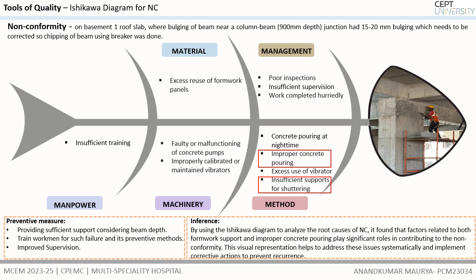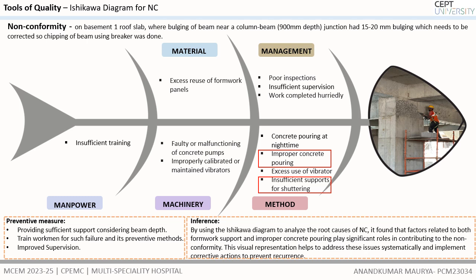In management, it could be poor inspection, insufficient supervision, and work completed hurriedly because it is done at night time. In methodology, it is concrete pouring at night time, improper concrete pouring at the 900 depth, pouring at one time with a high impact on the bottom of the shuttering, excess use of vibrator, and insufficient support for the shuttering.